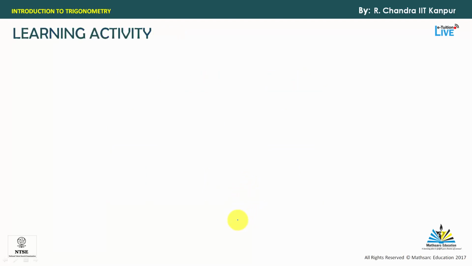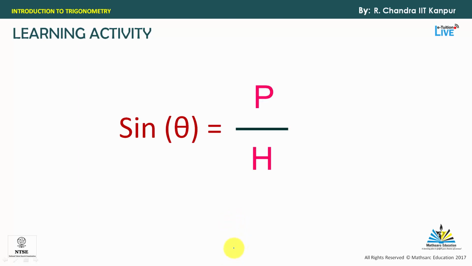So let's have a learning activity, and I am going to ask some questions to check whether you remember these trigonometric ratios or not. Let's start with sin theta. What is sin theta? Sin theta is equal to perpendicular upon hypotenuse. Then what about cos theta?